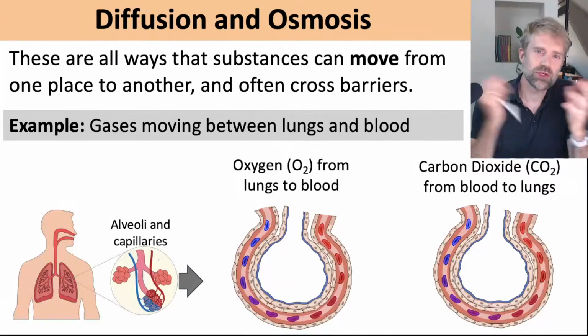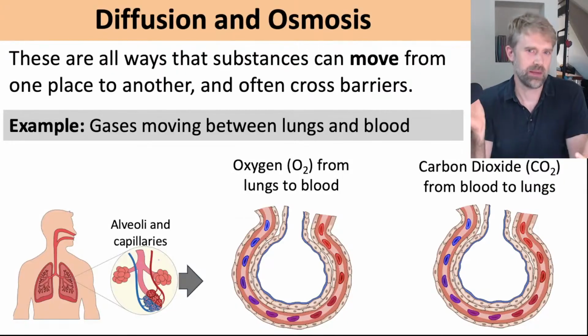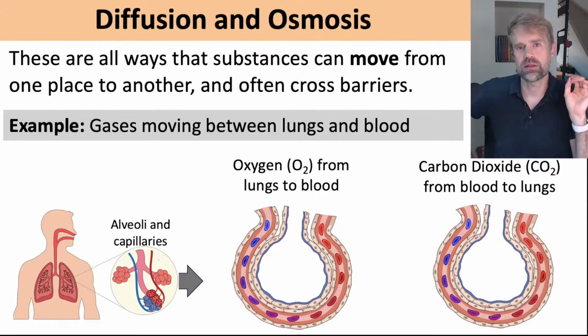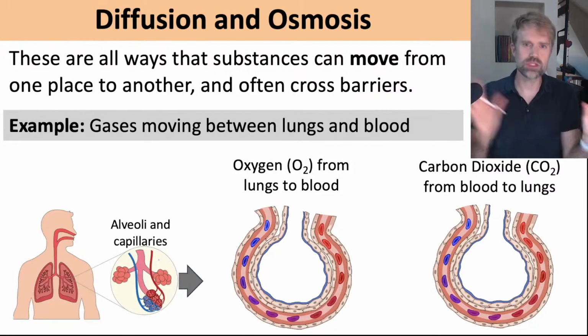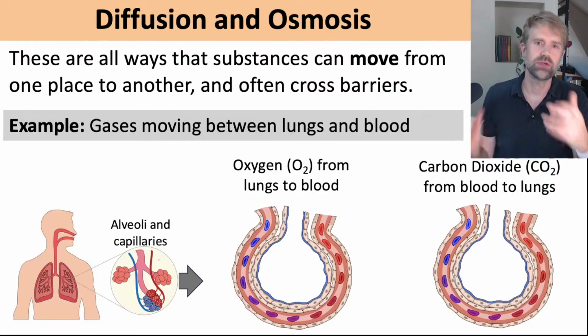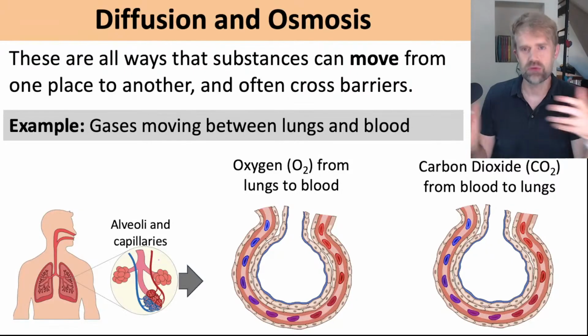So diffusion and osmosis are, at the end of the day, ways that substances move from one place to another, and they often use diffusion and osmosis to cross barriers. We know lots of examples of diffusion and osmosis in everyday life, in anatomy and physiology.